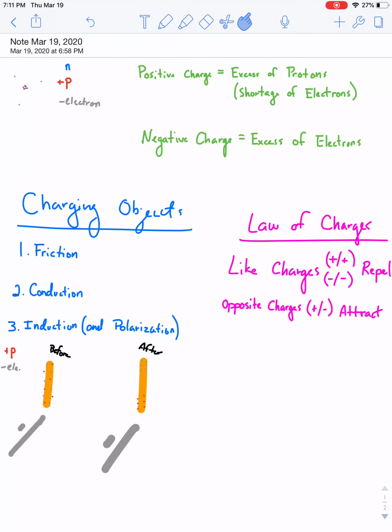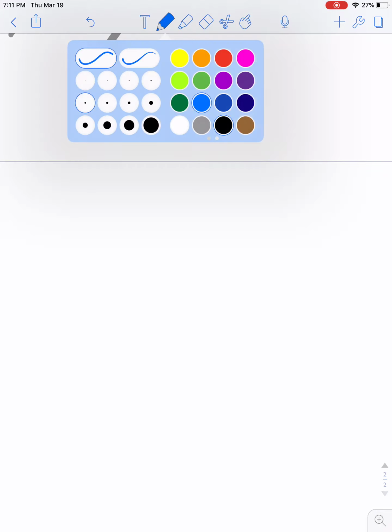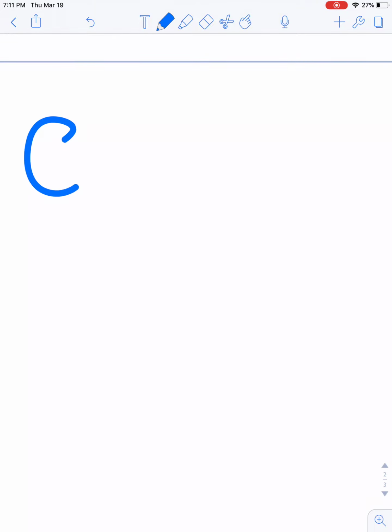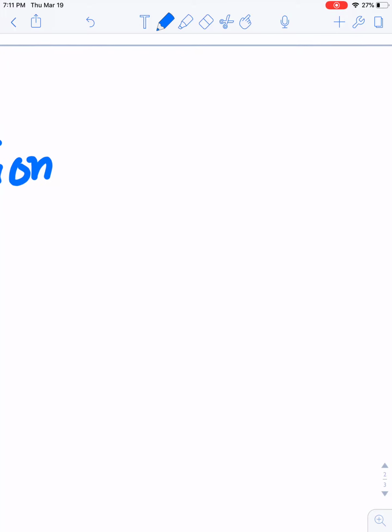So far we've talked about the atom, positive charge, negative charge, 3 different ways to charge an object, and the law of charges. Then we're going to go to conservation of charges.